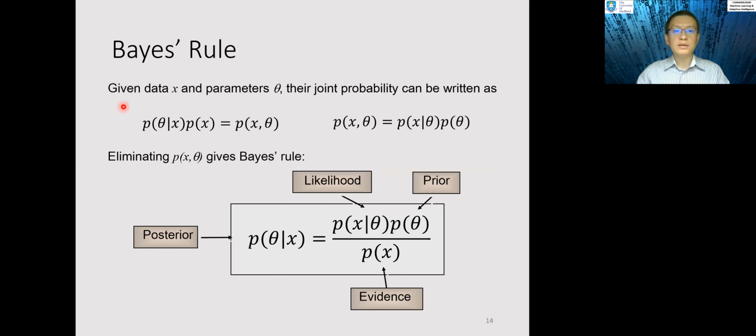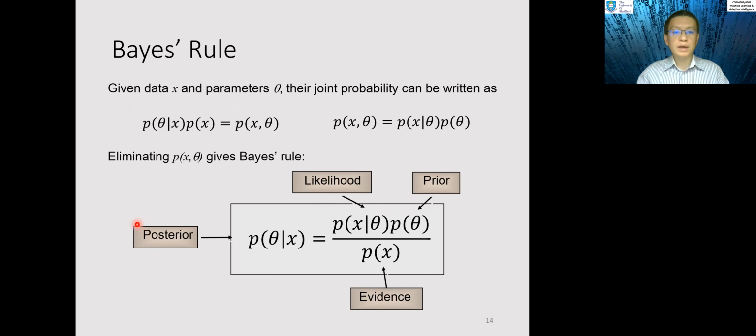We know that given data x and parameters theta, we can write their joint probability in 2 ways. And after eliminating the joint probability, we have Bayes' rule like this, which you should have already learned.